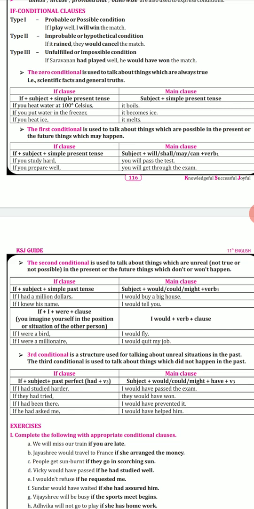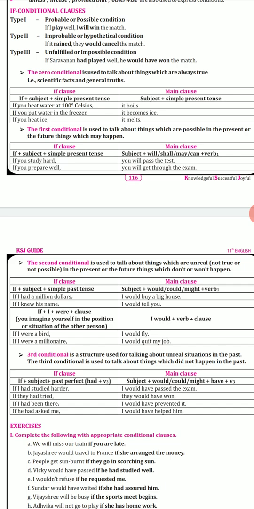And then another type, imaginary condition. So there the verb in the subordinate clause must be simple past, especially the be form verb can be used, especially were must be the verb there.